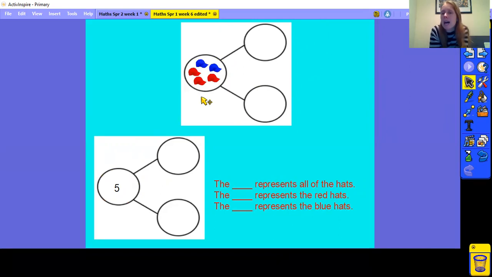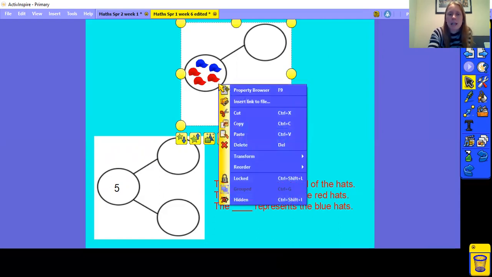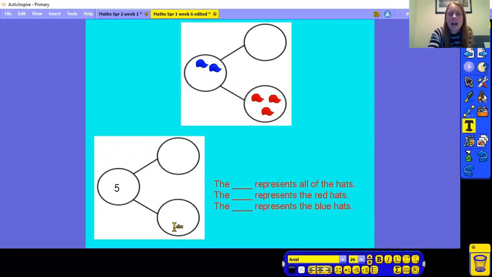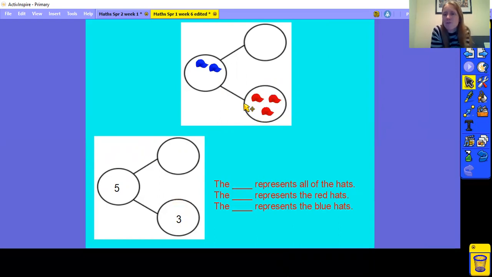Now, this time I want to know how many red hats I have, so I need to move the hats into the 2 parts. Let's move the red hats first. 1, 2, 3 red hats. I'm going to write 3 here, and the 3 represents the 3 red hats.